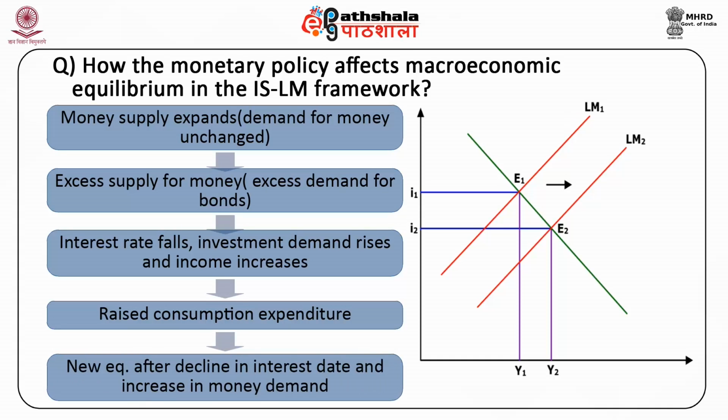The new equilibrium is attained after the decline in interest rate and increase in income increases money demand until it is equal to the increase in money supply. This happens at the point E2 where the IS curve intersects the new LM curve LM2.